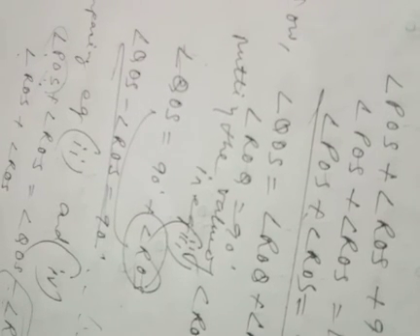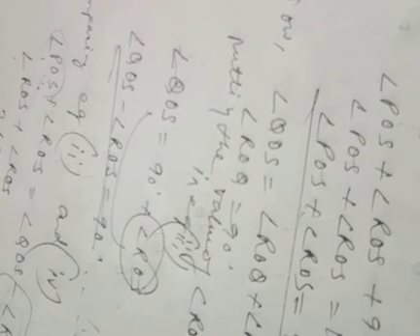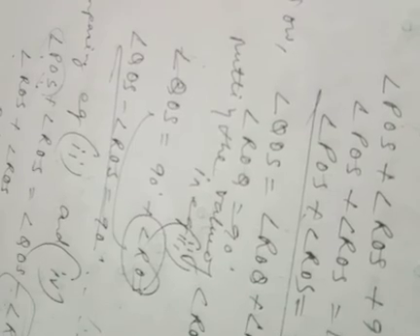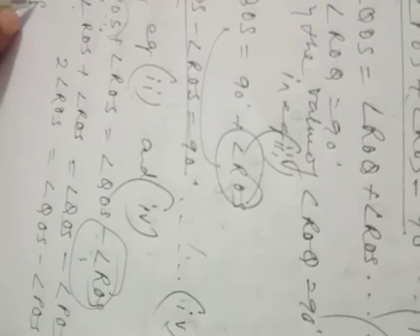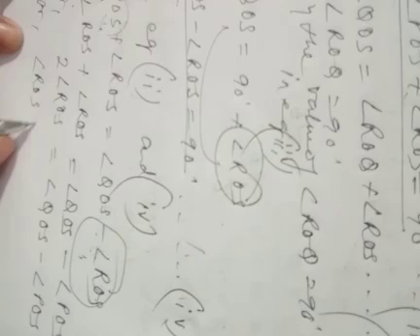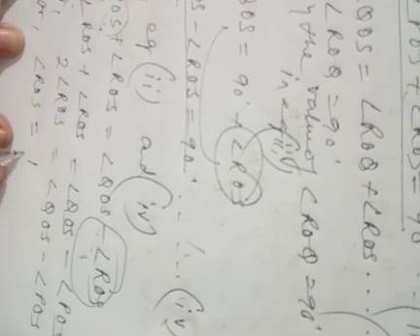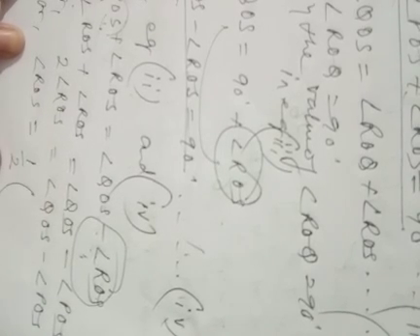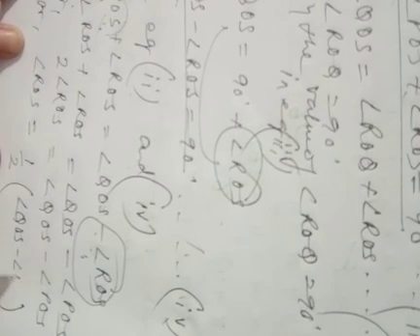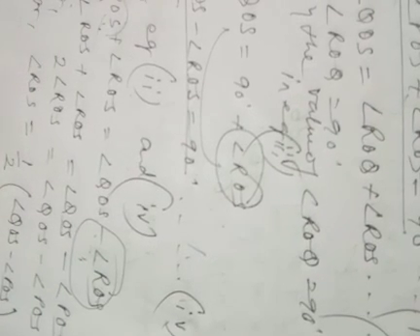So angle ROS plus ROS will become 2 angle ROS, that is equal to angle QOS minus angle POS. Or you can write angle ROS is equal to half into angle QOS minus angle POS. So hence proved.